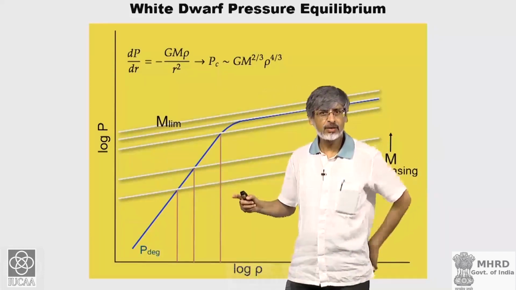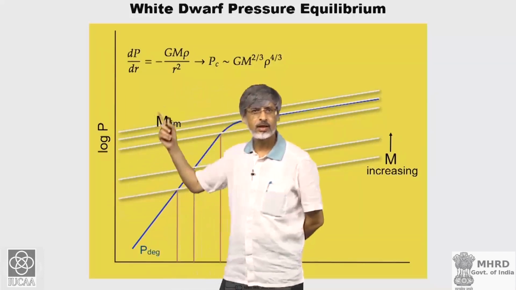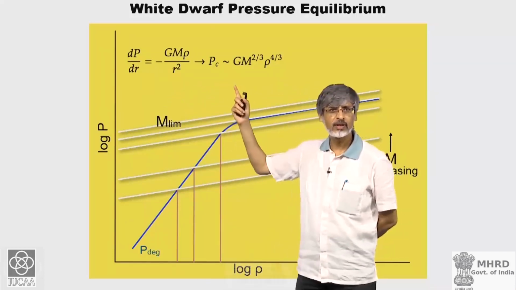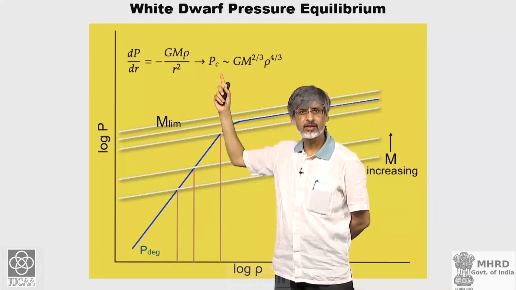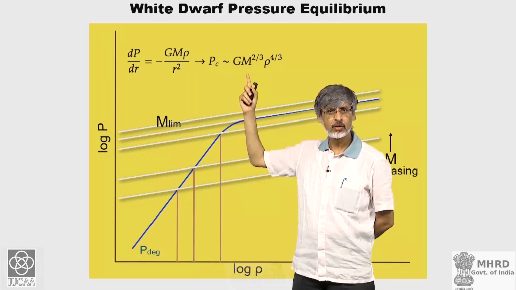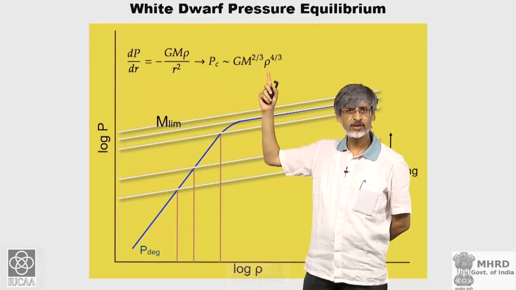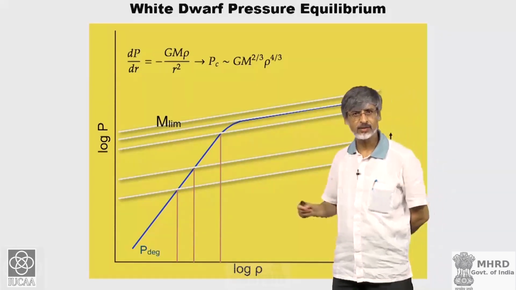The requirement for stellar equilibrium, again as I showed before, from the hydrostatic equilibrium we can approximately write the central pressure to be equal to the gravitational constant times mass of the star to the power 2/3 times the average density of the star to the power 4/3.